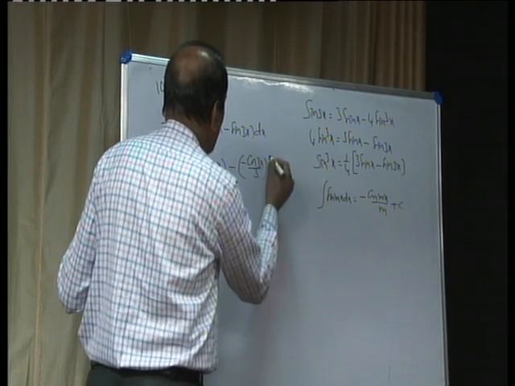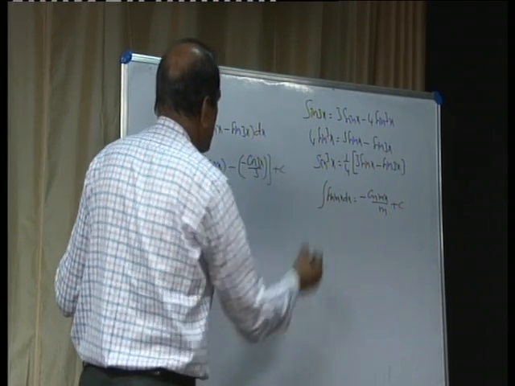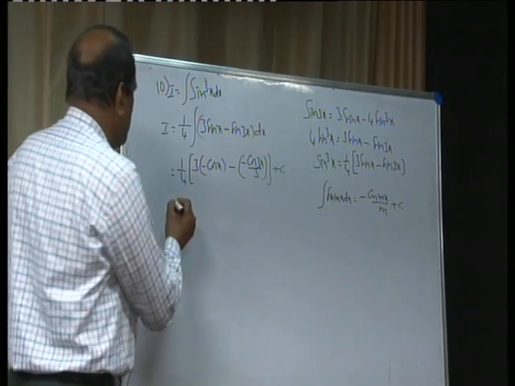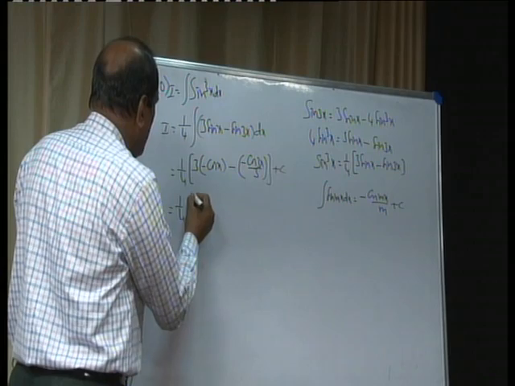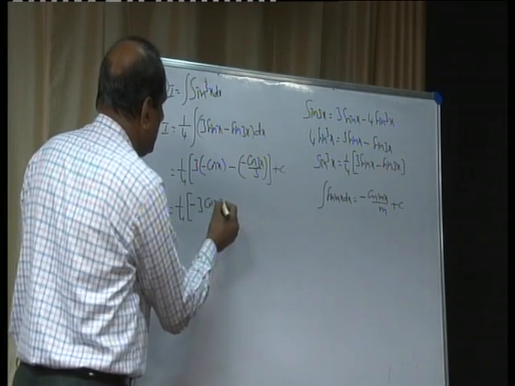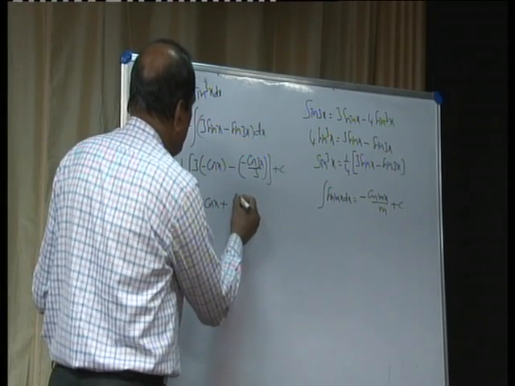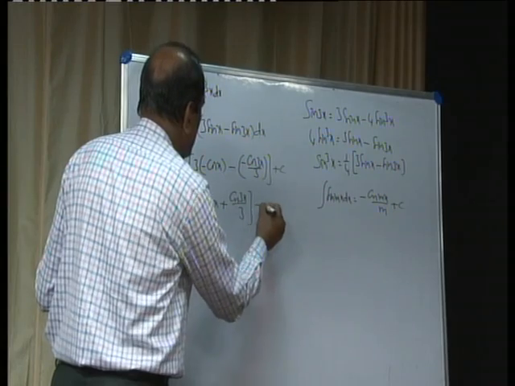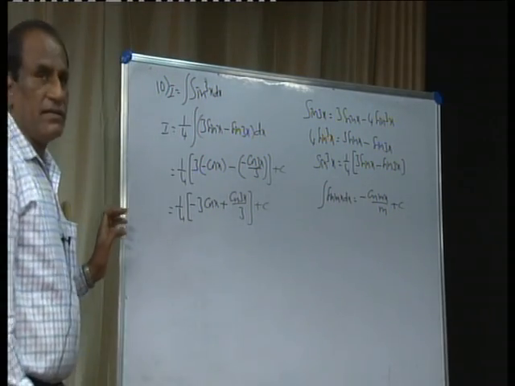After completion of the integration process, the constant of integration is c. That is 1 by 4 into (minus 3 cos x, minus into minus plus cos 3x by 3). After integration, write the constant of integration.